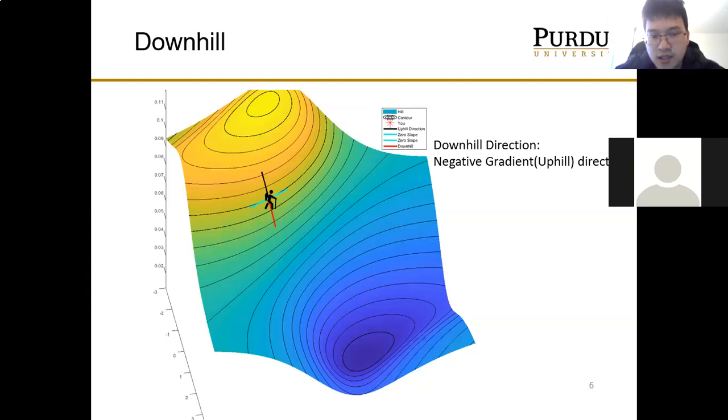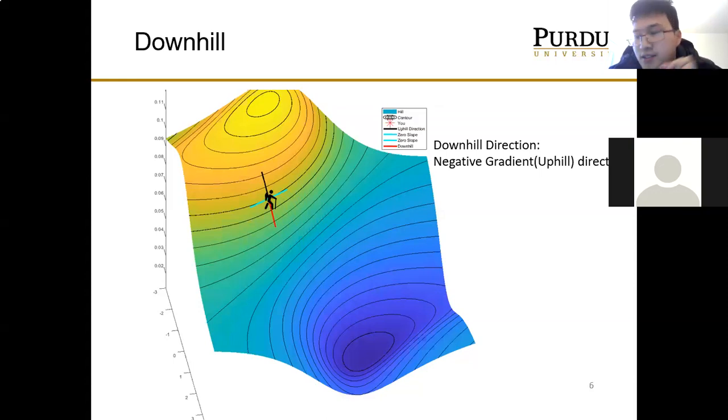If you take a careful look, you can see that the red one is in the opposite direction of the uphill. So this is the negative, or the opposite, of the gradient direction. The gradient, the black direction, will give you the maximum lift up, but the red one will make you decrease very efficiently. Those are the two extreme situations.